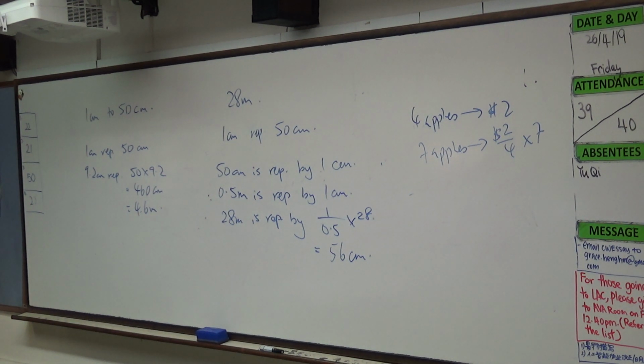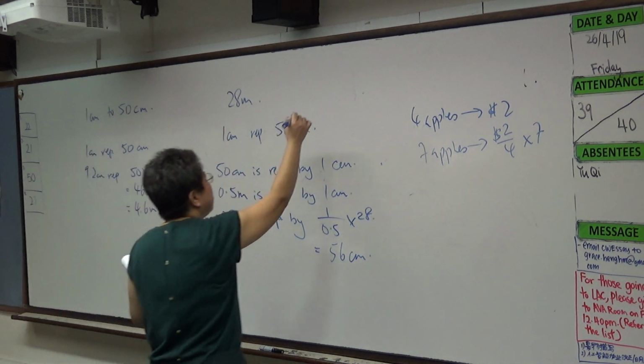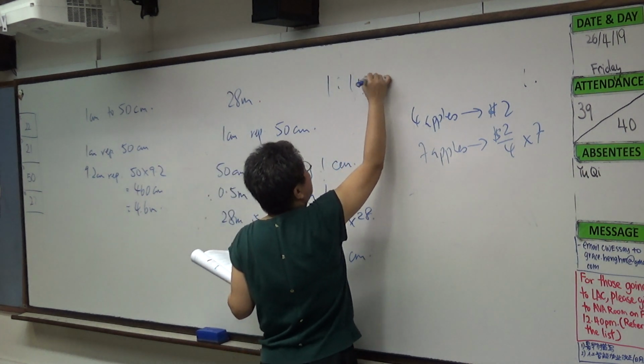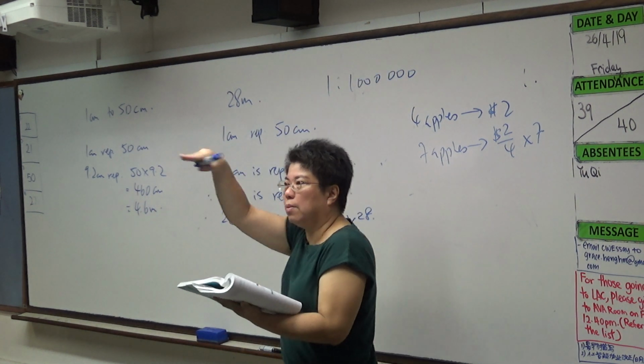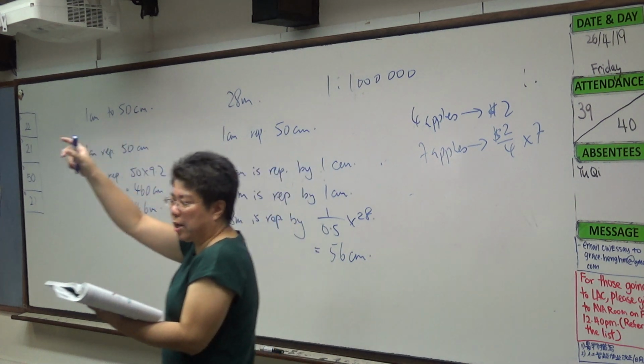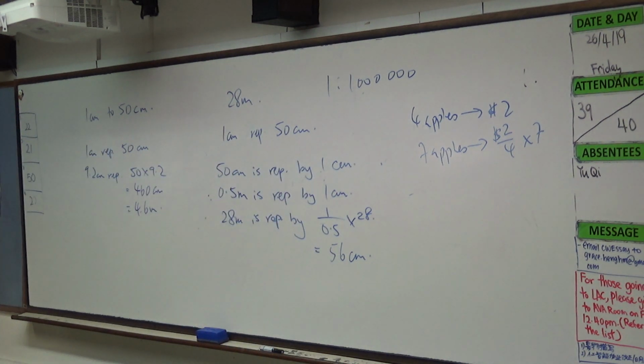Do you understand this? I want you to use your ruler now. 1:1 million is written at the bottom, right? But I want you to use your ruler. Can you measure from 0 to 10? How many cm is that? You must also know how to read half cm. Do you get 1 cm?